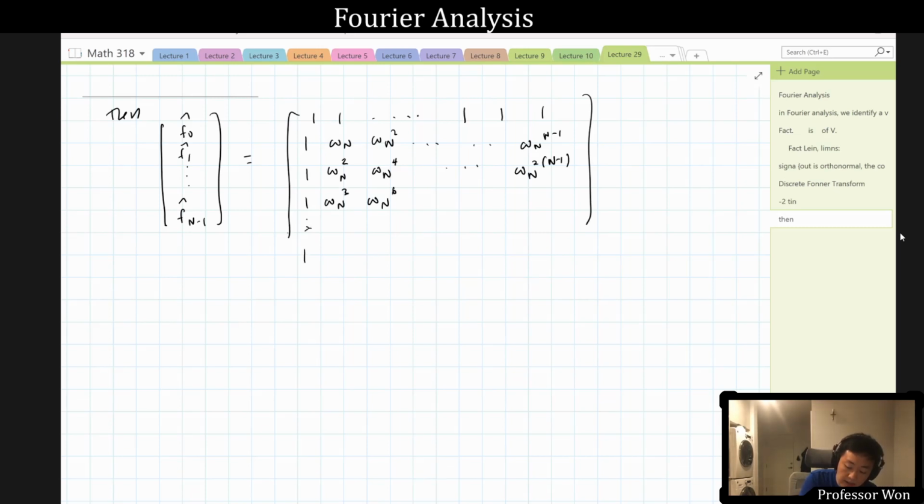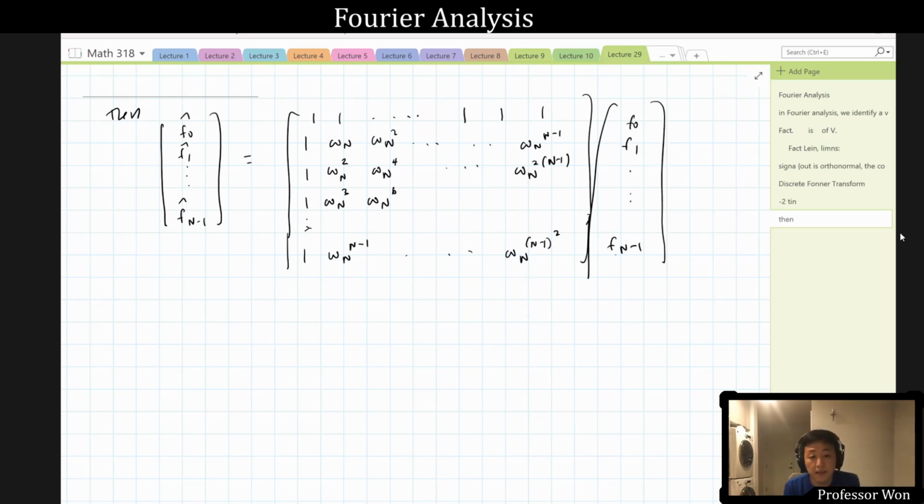This goes all the way down to omega n to the n minus 1, omega n to the n minus 1 times n minus 1, times our collected n data points. In other words, the Fourier coefficients, you can compute them all at once here, at least the first n of them, 0 to n minus 1. This matrix will just tell you what those are.